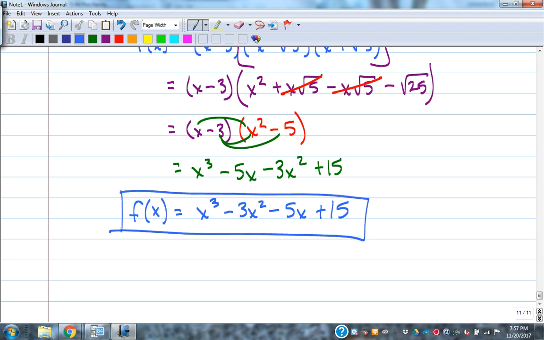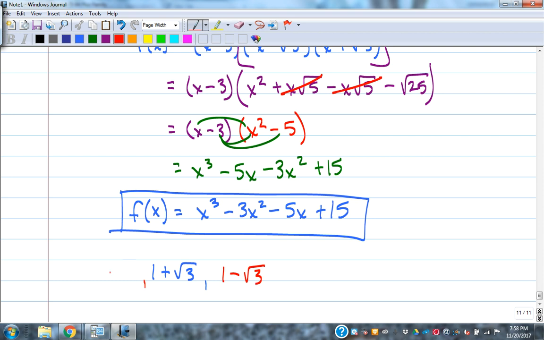So anytime there is a square root as a zero, you need to put the other side of it. If they give you the negative one, you need to put the positive one. Okay? If they give you 1 plus the square root of 3, what's the other one? 1 minus the square root of 3. That's still the case.